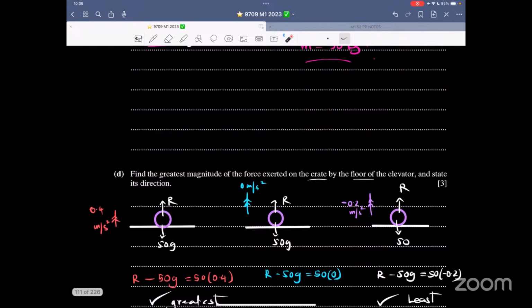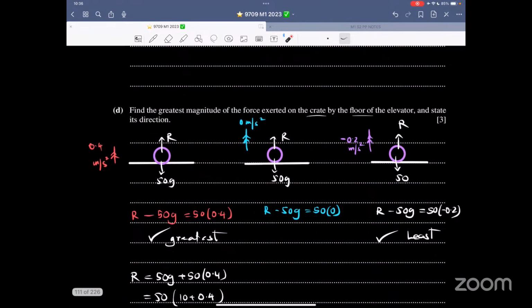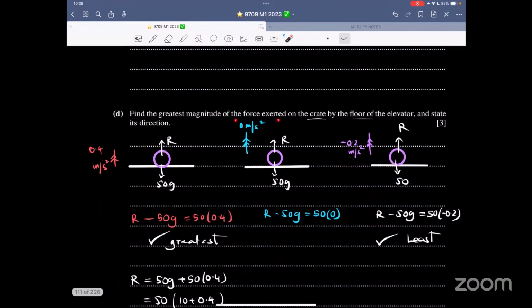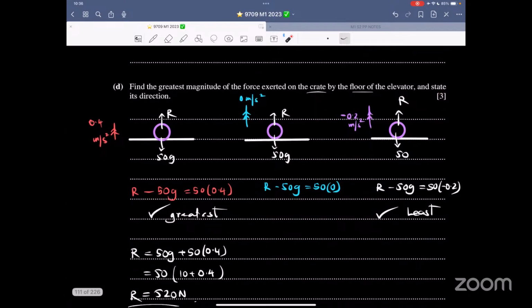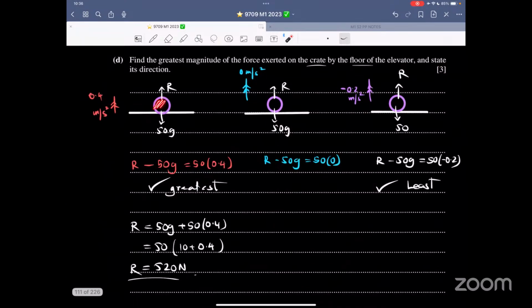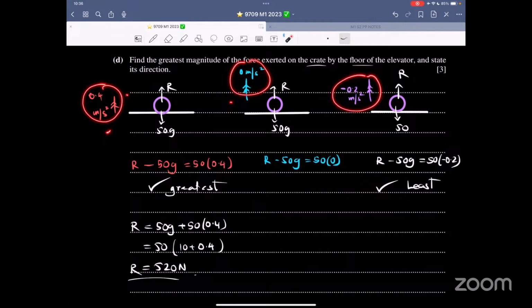Now let's look at this. Find the greatest magnitude of the force exerted on the crate by the floor of the elevator and state its direction. A very nice question. That is the crate, that is the floor. There is a normal reaction force and there is a weight. There are three possibilities, and all of them are going up: accelerating and up, constant speed and up, decelerating and up.